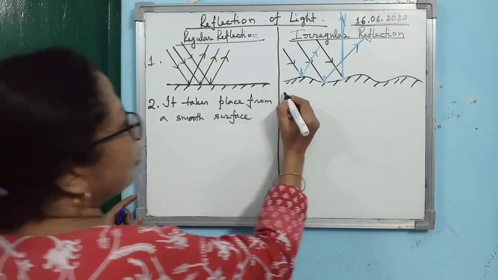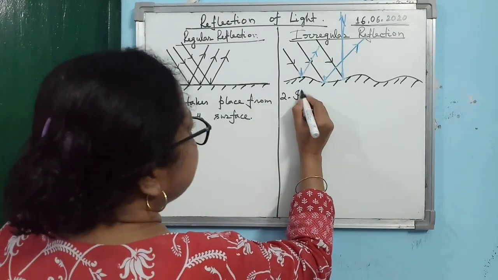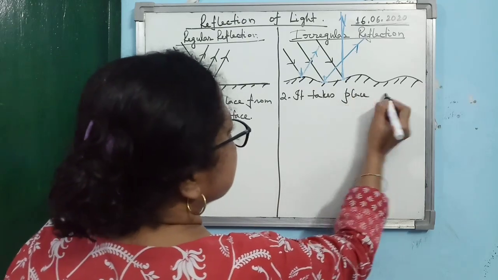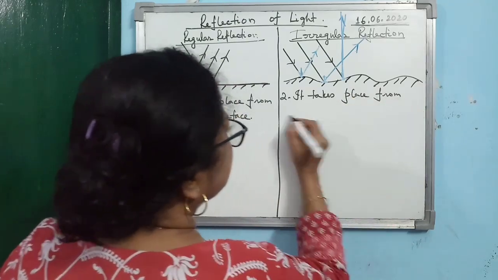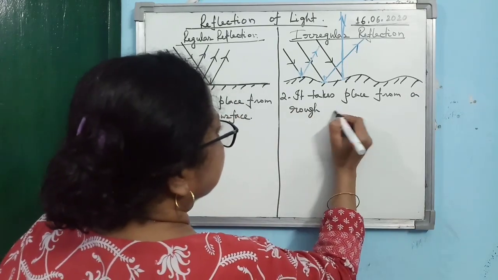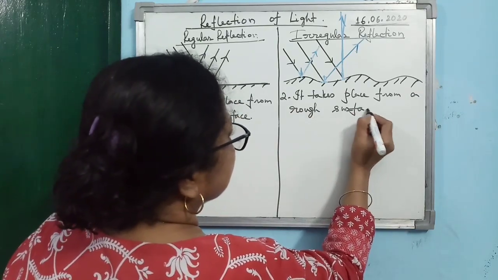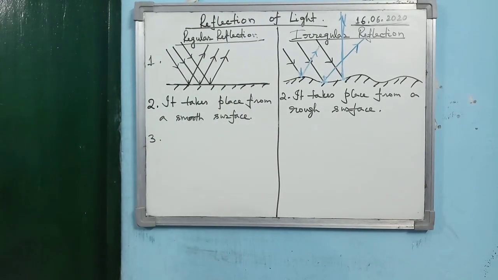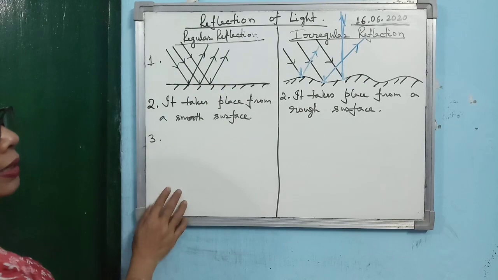Irregular reflection takes place from a rough surface.